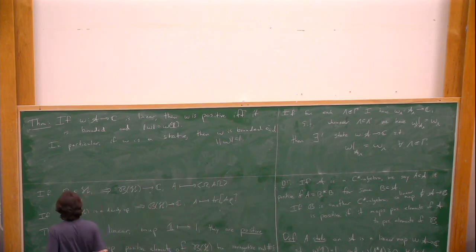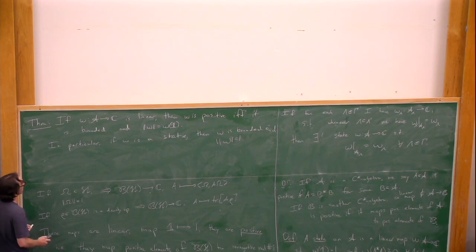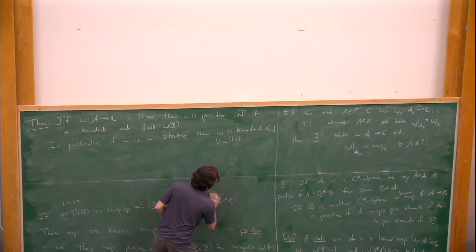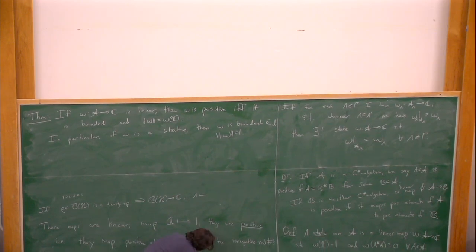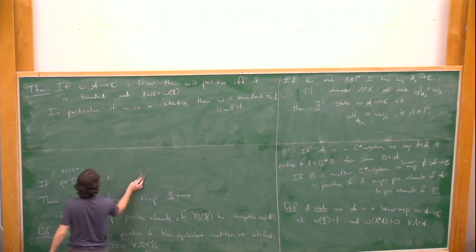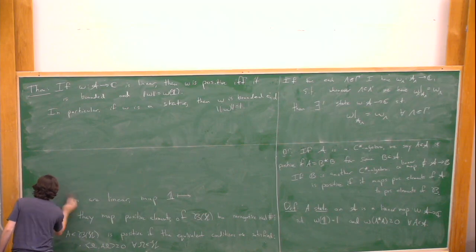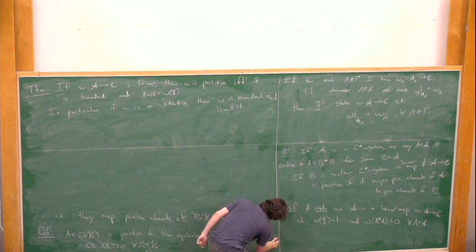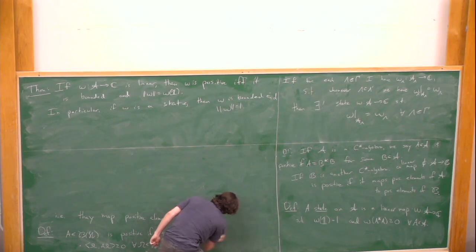And you can show that the extension is also a state by this theorem if you choose. Very good. So let's do some examples. We can construct some very simple states in this way.